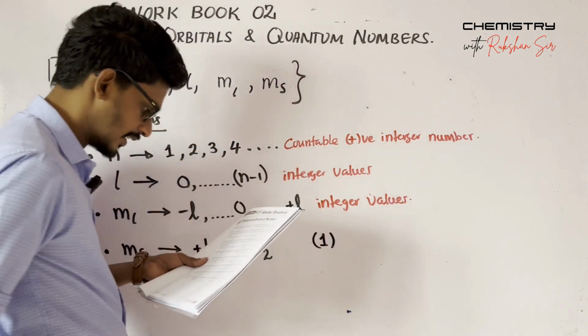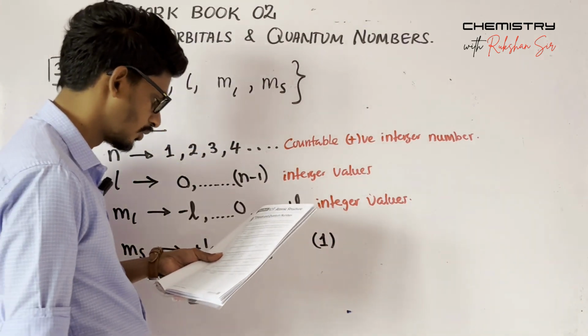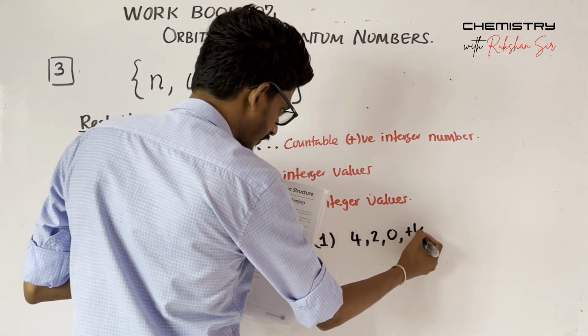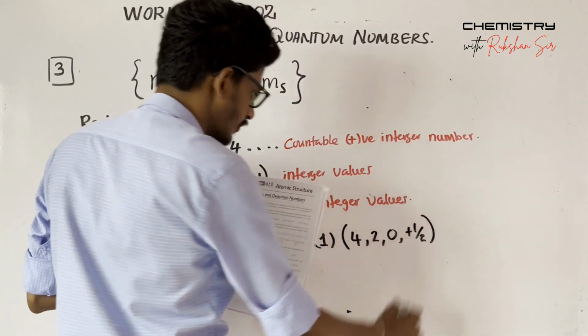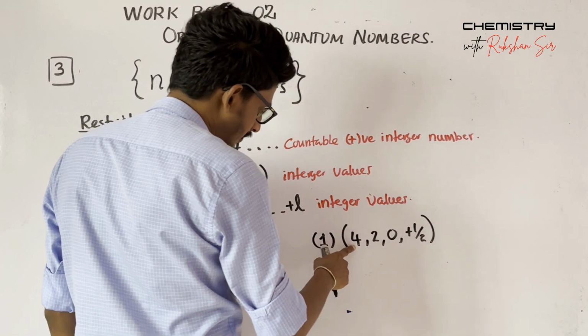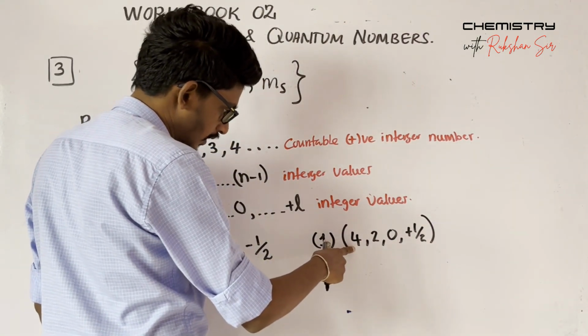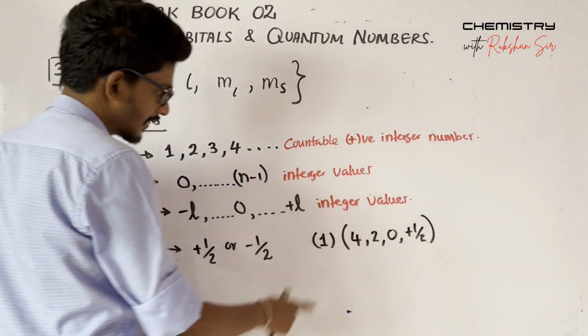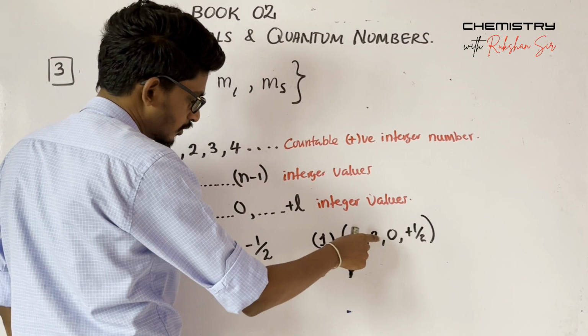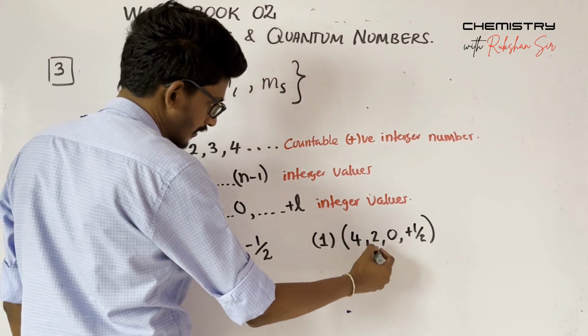First choice is 4, 2, 0, plus half. If n is equal to 4, you can take L values, 4 minus 1 is 3, so 0, 1, 2, 3. Yes, that is okay.